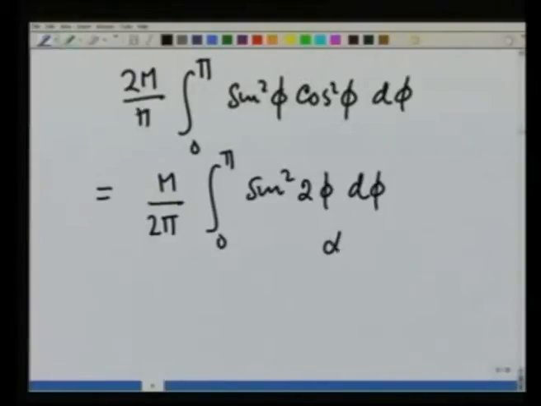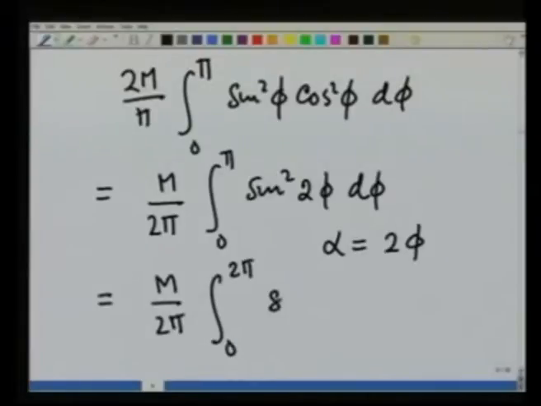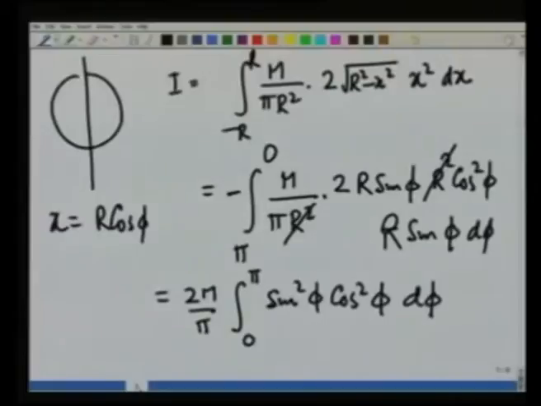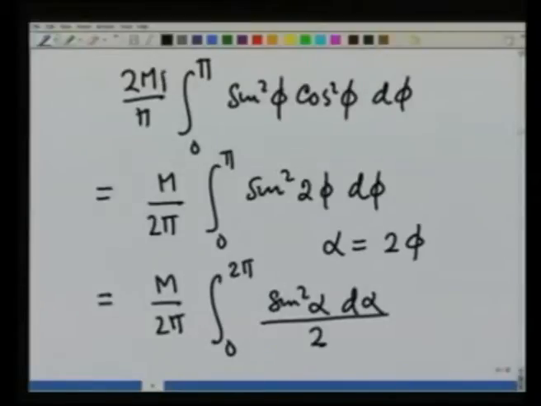Change to variable alpha equals 2 phi, this becomes equal to m over 2 pi integral 0 to 2 pi sin square alpha d alpha divided by 2. I have forgotten r square somewhere. There was an r square here, so that will remain.